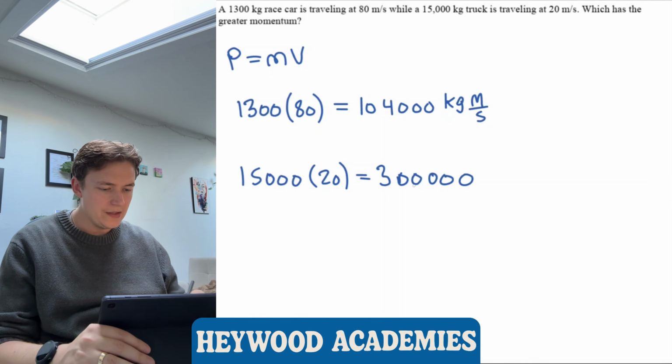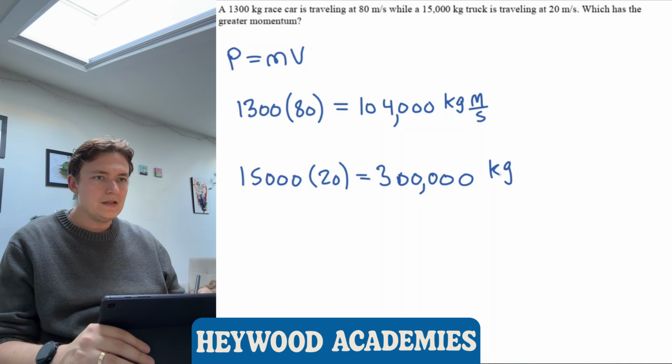Okay, so let's see which one is bigger here. Put some commas in there so it's a little bit easier to read. So it looks like the truck is about 3 times bigger.